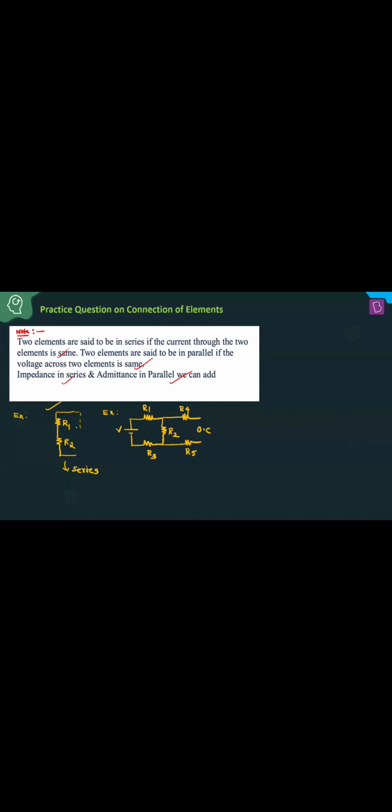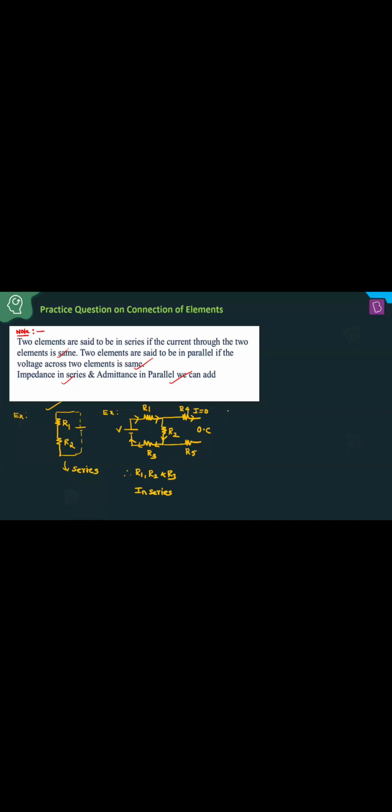If a source is connected here, these two are in series. Now current is flowing through these three elements. Because it is open circuit, the current through this element is 0. The current through this element is 0. Then what about R1, R2, R3? The same current is passing through R1, R2 and R3. Therefore, R1, R2 and R3 are in series. Because there is no current through R4, this condition is applicable. This is in series if there is no current through R4.